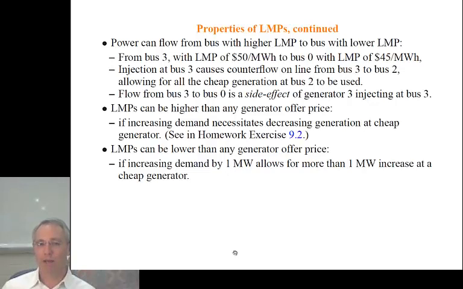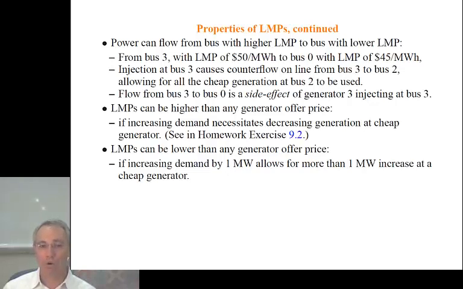Power can flow from a bus with a higher LMP to a lower LMP. There's power flowing from bus 3, whose LMP is $50 a megawatt hour, to bus 0, whose LMP is only 45. Why would we allow that to happen? Well, injection at bus 3 causes counterflow on the line from bus 3 to bus 2.